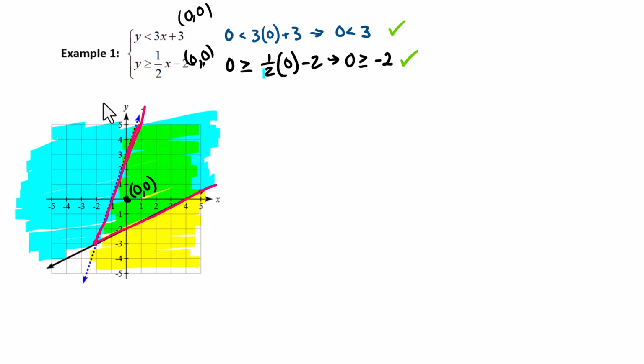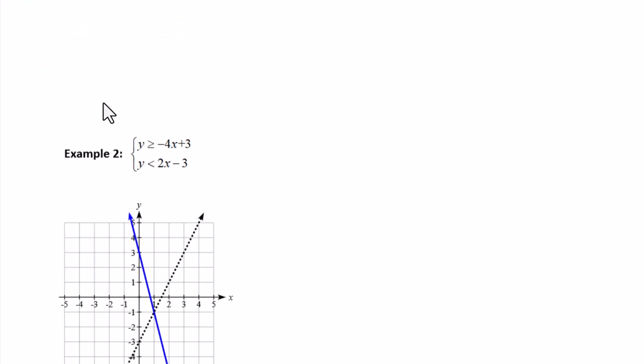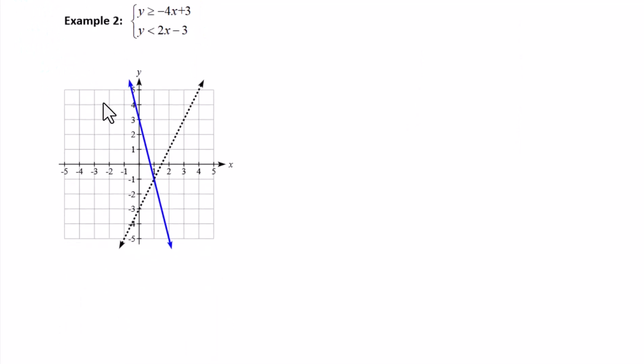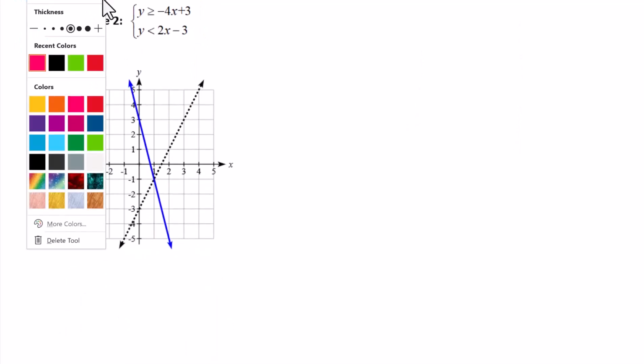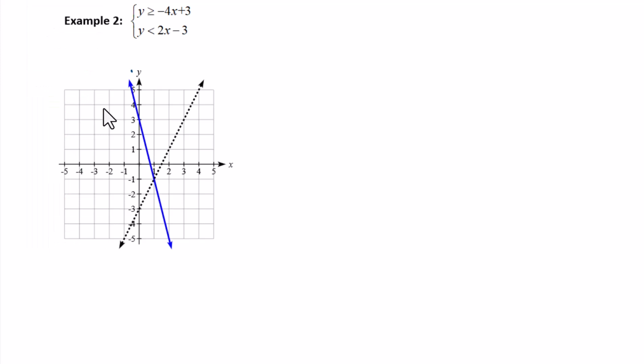Now in future videos we'll talk about these intersection points as being critical to the bounds of the solution, but for now just being able to graph the two inequalities and find where the overlap is the biggest important part.